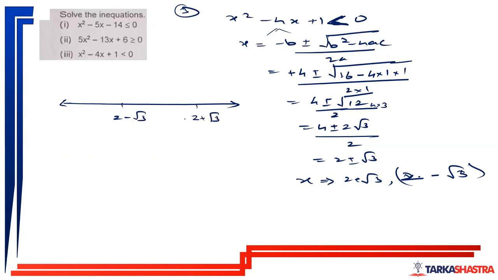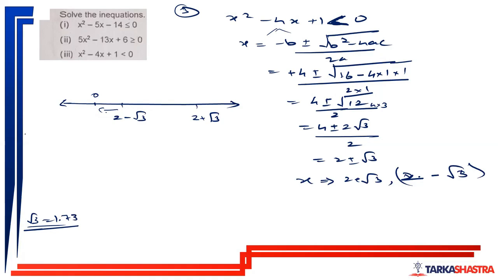Take any value between this range or out of this range. Let us try to take 0. Definitely 0 will be smaller than 2 − √3. Why? Because √3's value is 1.73, something like that, so 2 − √3 will still be positive.